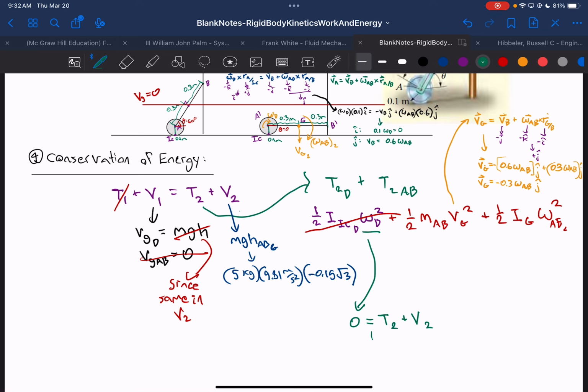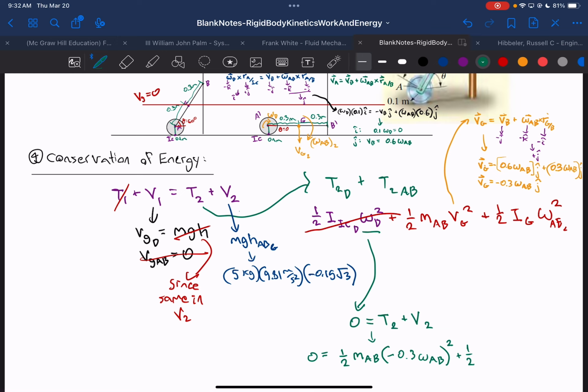My kinetic energy is equal to 1/2 m of my rod multiplied by the linear velocity, which we found to be negative 0.3 omega AB, squared. Do we agree up to this point? Good stuff. Plus 1/2 my mass moment of inertia about point G.